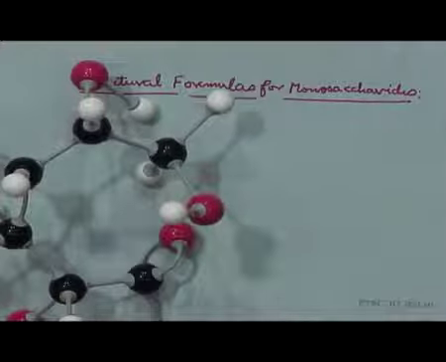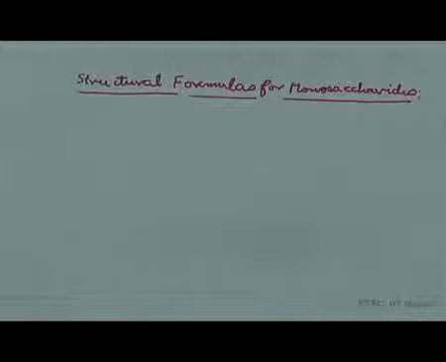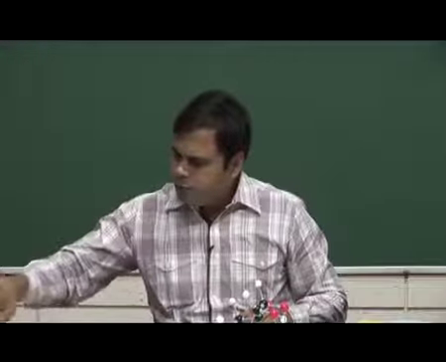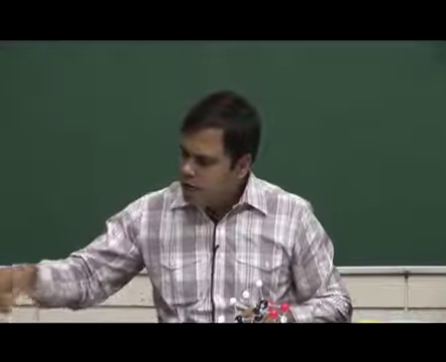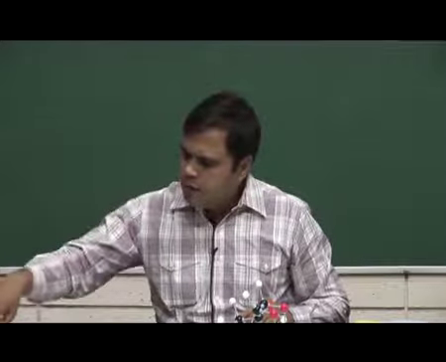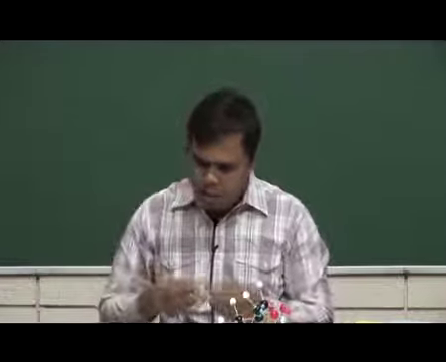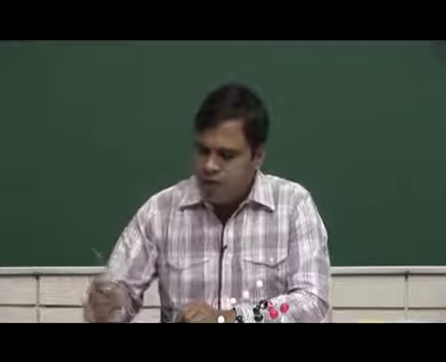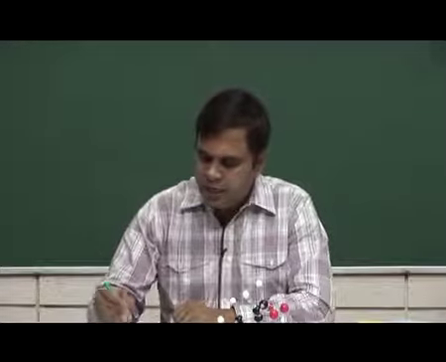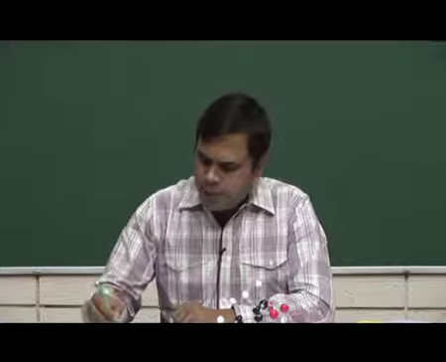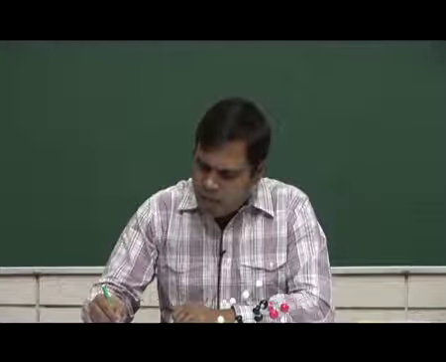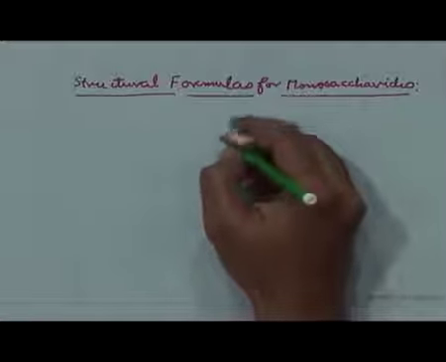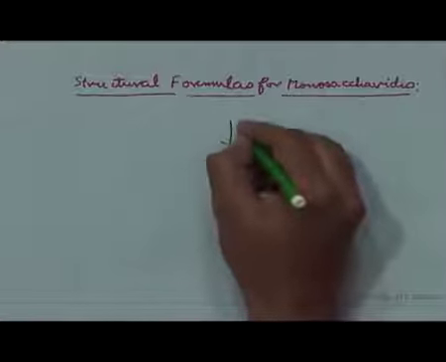All right. So, what are those cyclic forms? We have already discussed the Fischer projection formula, which is a linear form. The other possibility from the Fischer projection formula is the cyclic form, which is also known as the Haworth formula, which is cyclic in nature.